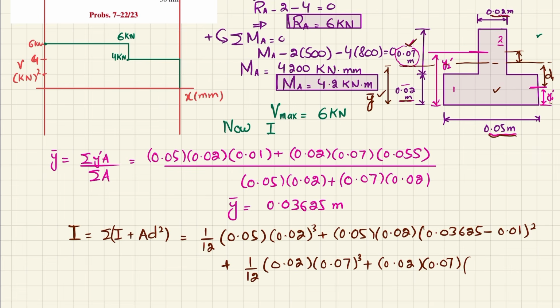This is d2, the distance from the neutral axis till the mid of this section. And this d2 is equal to y2 dash minus y dash. Clear? That will give you, so y2 dash is actually 0.055 minus y dash is 0.03625 whole square.